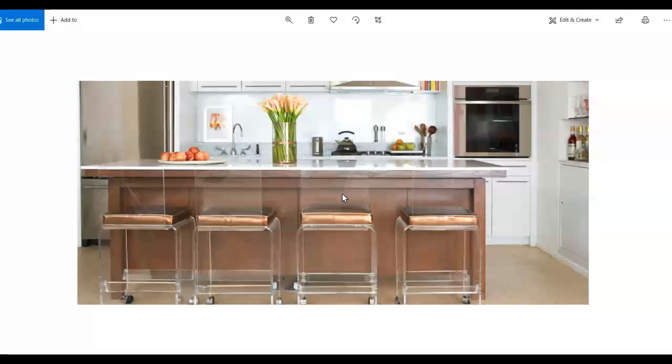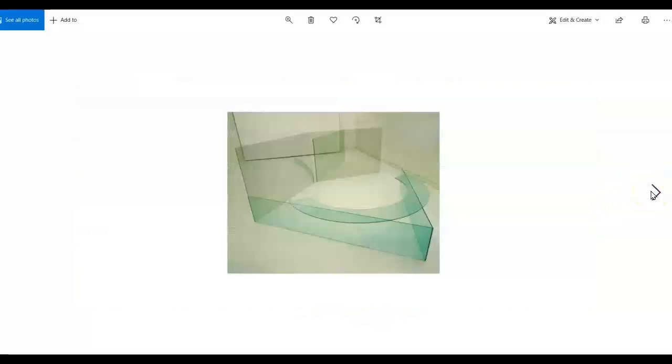Here's some more, some contemporary seating design. You can almost not see it except for a little bit of this reflection and these edges that catch the light. What else do we have here? This is a cool kind of plexiglass piece. There's almost nothing there.